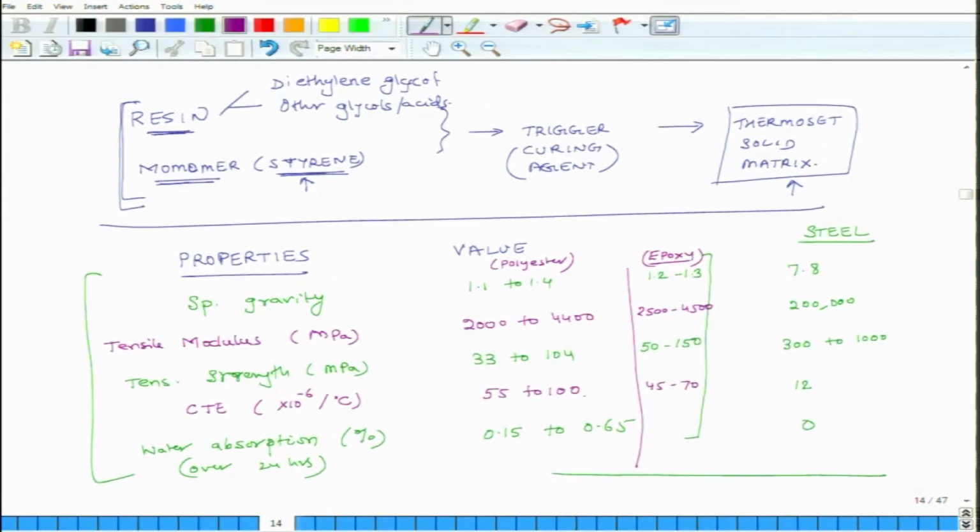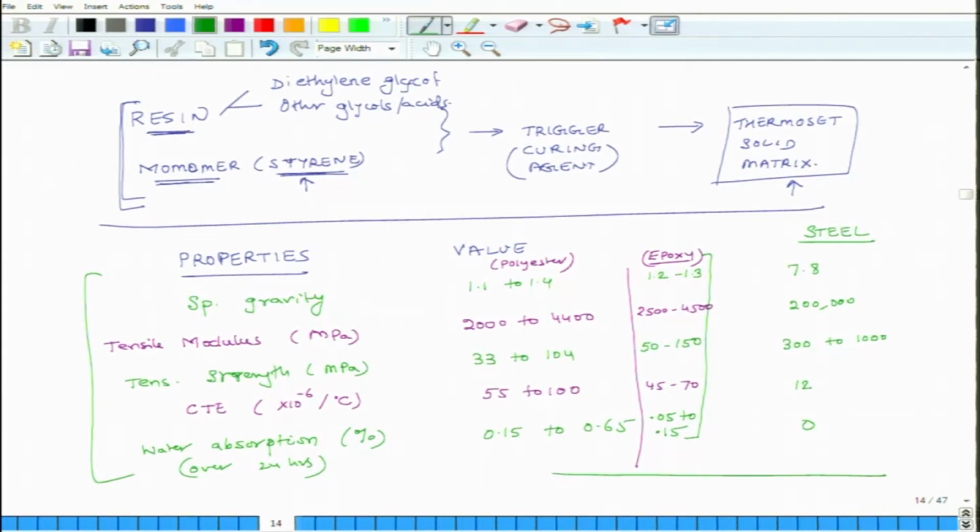So, they absorb something like 0.05% to 0.15%. So, if you have a situation where there is a lot of moisture and you do not want these kind of moisture absorption related problems, then it is really good to have epoxies.